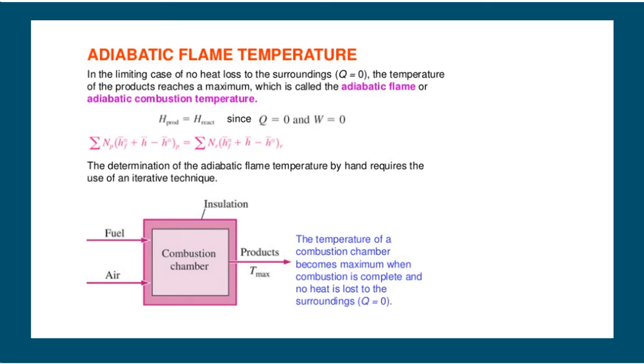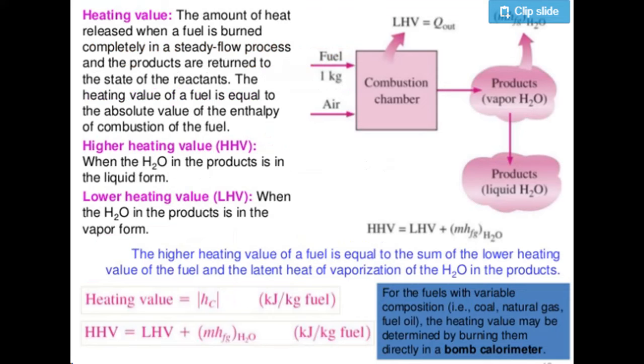It is the amount of heat released when a fuel is burnt completely in a steady flow process and the products are returned to the state of the reactants. In that case it is called the heating value. So the heating value of a fuel is equal to the absolute value of the enthalpy of combustion of the fuel.